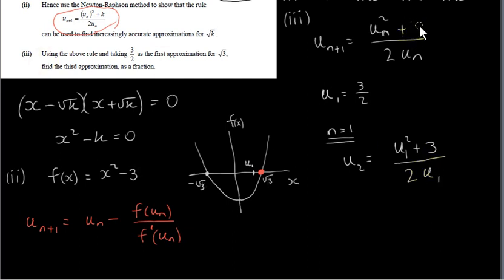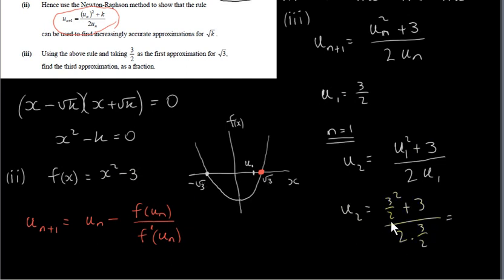So we have the Newton-Raphson formula for a particular value of k. That value of k is 3. So we're solving this. We're trying to find the roots of x squared minus 3. So f of x is x squared minus 3. So u1 is 3 over 2, so we plug 3 over 2 in for u1. We have to square it here. We have to add 3, divide by 2 times 3 over 2.